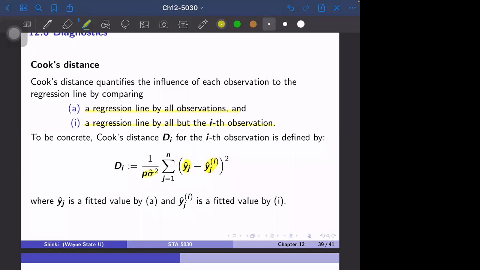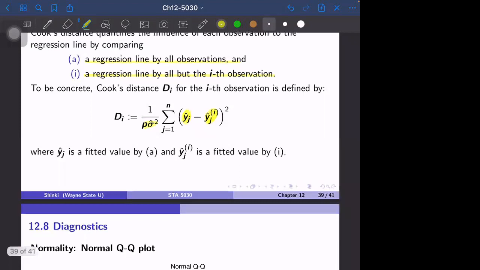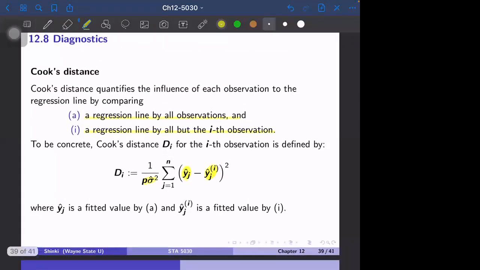So this is just a normalizer. It's the same for all i's, so it does not really matter. And D_i is defined by this quantity. So this is called Cook's distance or Cook's D. Yeah, this is a common technique, so that we exclude one observation and see the impact on the estimation results.